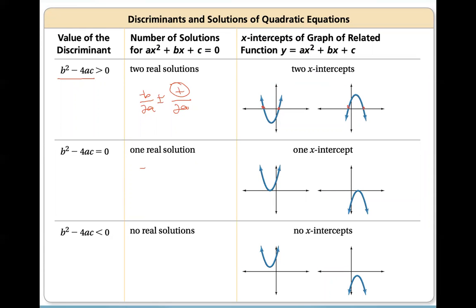When I have negative b over 2a plus or minus 0 over 2a, well, 0 over 2a is just 0, so this is going to give me just 1 real solution, and importantly, that solution will be the vertex. Remember, this is our vertex formula.